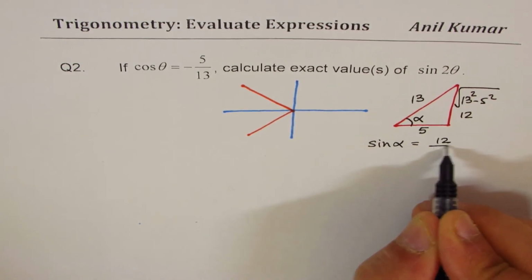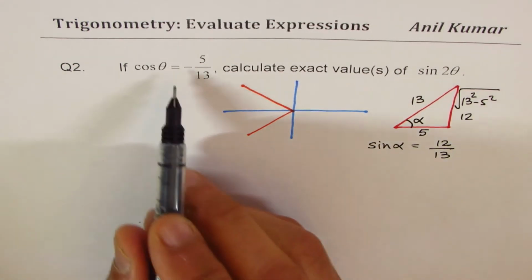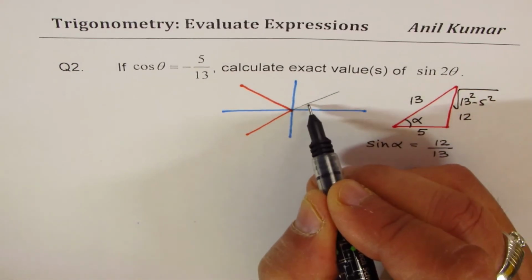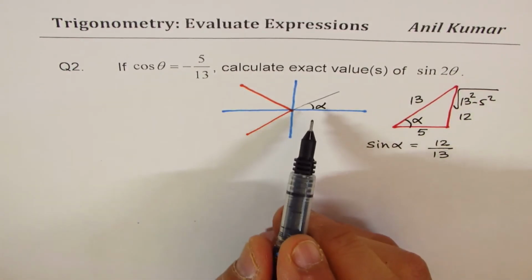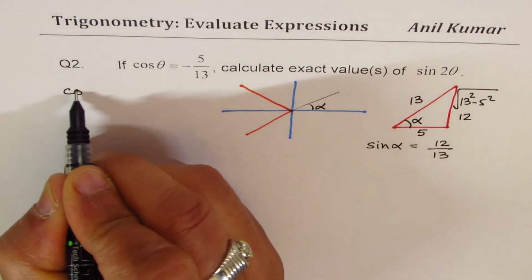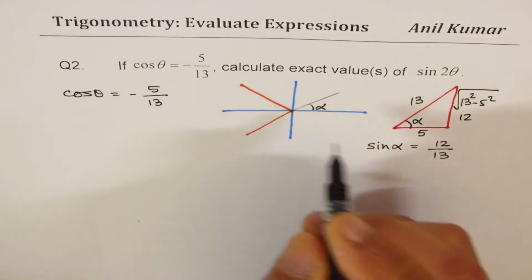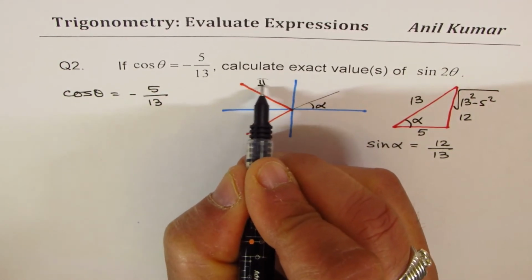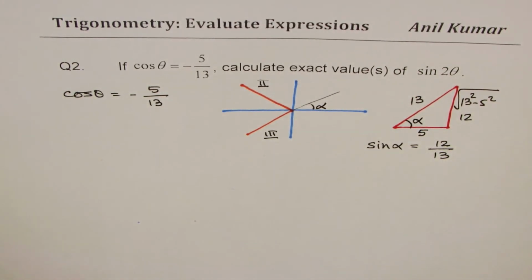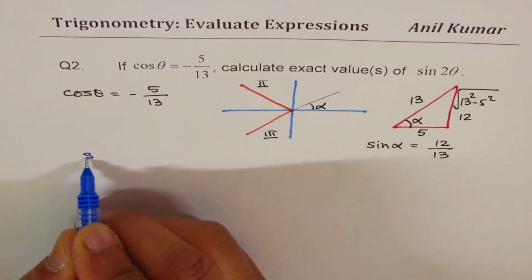And cos theta is given to us anyway. So what we have done here is found angle alpha, the related acute angle. Now as I said, cos theta equals minus 5 over 13 means it could be in quadrant 2 or in quadrant 3. Depending on which quadrant we are in, we can find the value of sine 2 theta.